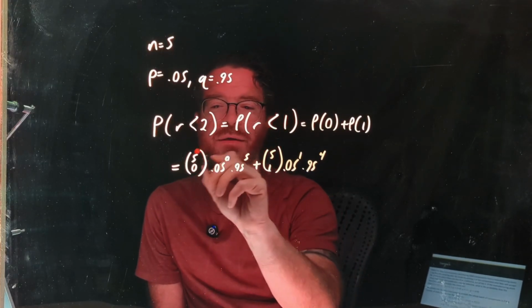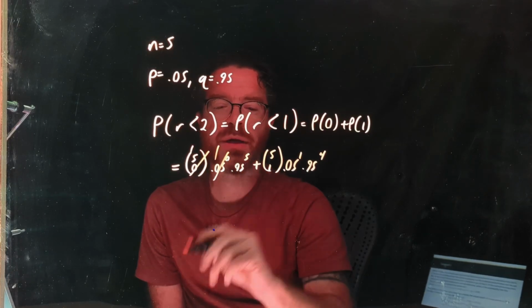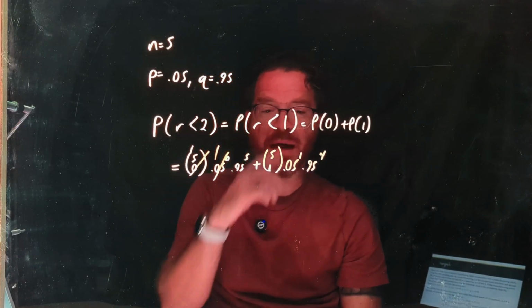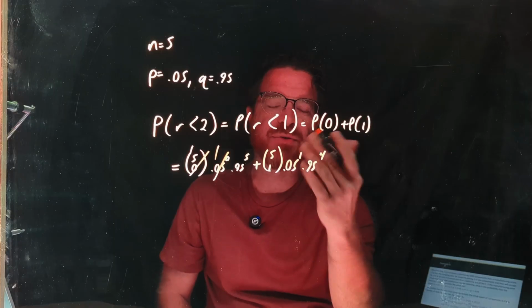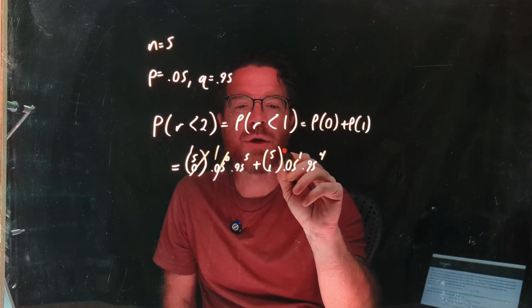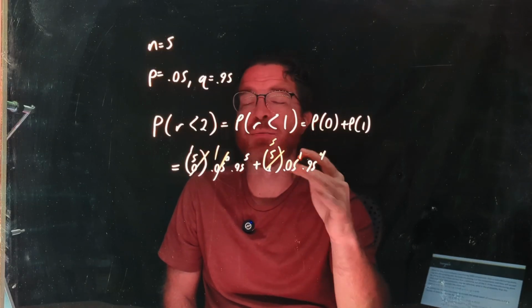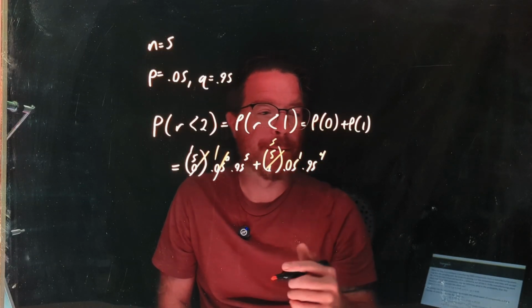Now for this first one, 5 choose 0, anything choose 0 is going to be 1, anything to the 0 power is 1. This is going to be 0.95 to the 5th power. The second one, 0.05 to the 1 is just going to be equal to 0.05. 5 choose 1 is going to be equal to 5, so this is going to be 5 times 0.05 times whatever 0.95 to the 4th power is.